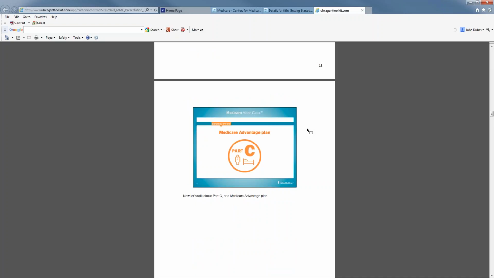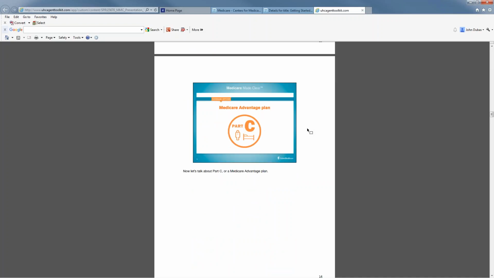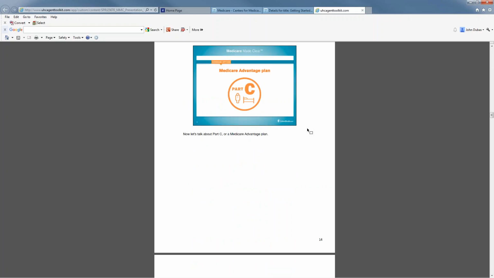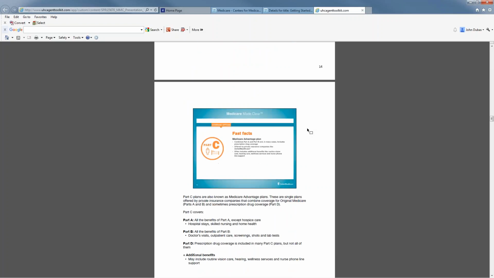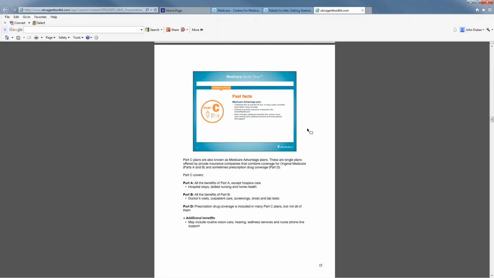The Part C coverages are the Medicare Advantage plans. At one point in time, they were called Medicare Plus Choice plans back in the old days. These are single plans that are offered by private insurance companies that combine the coverage for original Medicare A and B and sometimes layer in the prescription drug coverage, the Part D we'll talk about next.